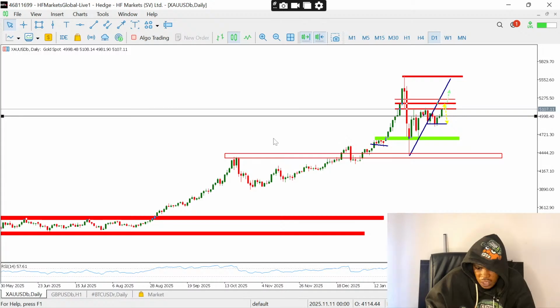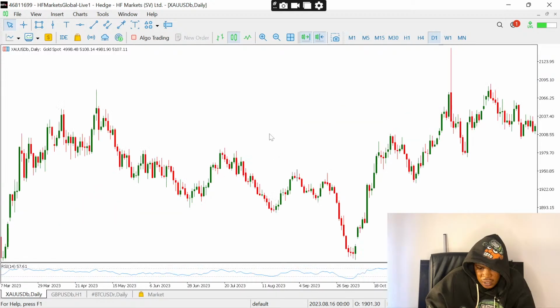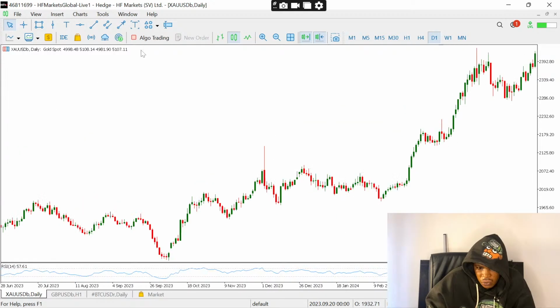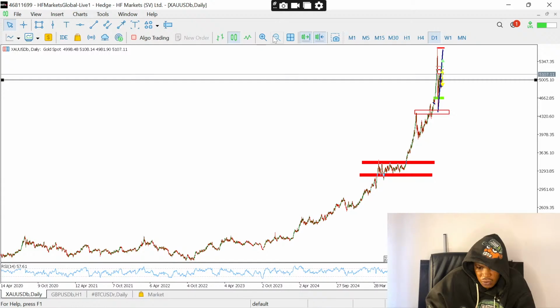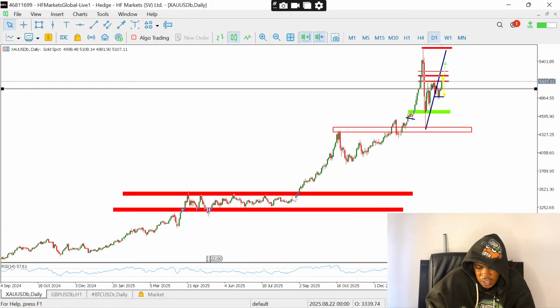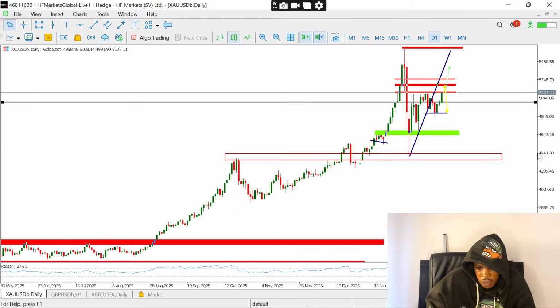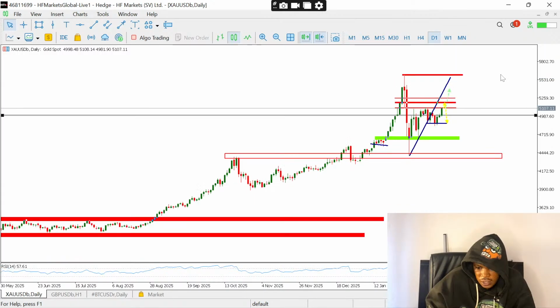It's really clear, one of the best pairs that you can analyze with ease, because the market structure is just really clear and visible, and even a beginner can analyze gold. But at the same time, with the opportunity that it brings, gold can send you back to the village.